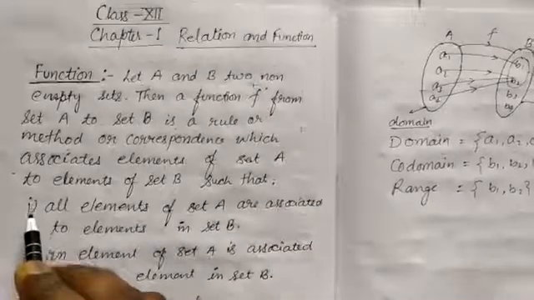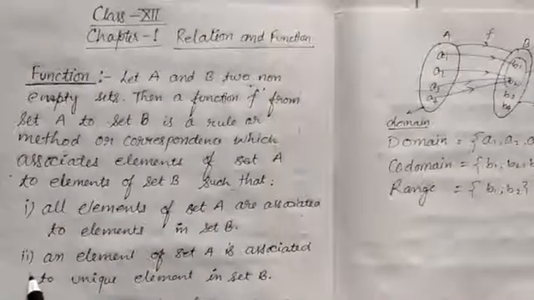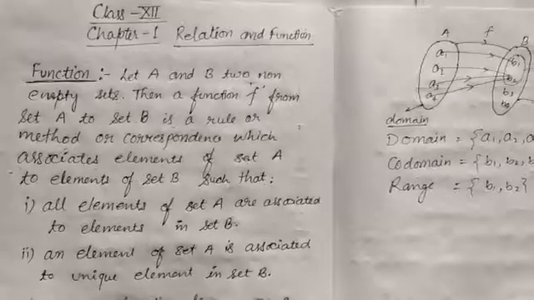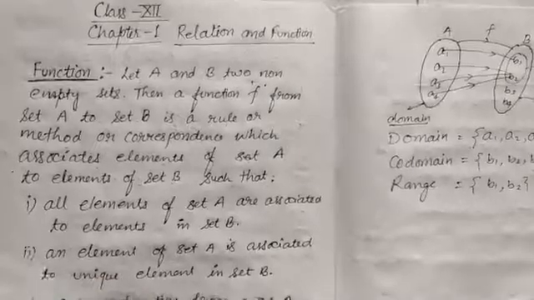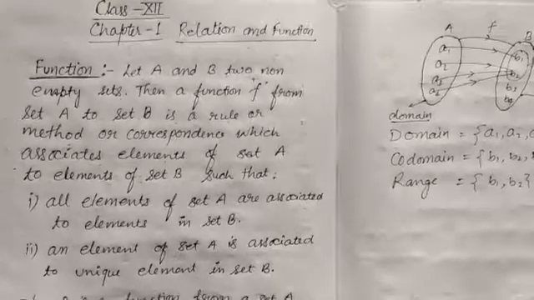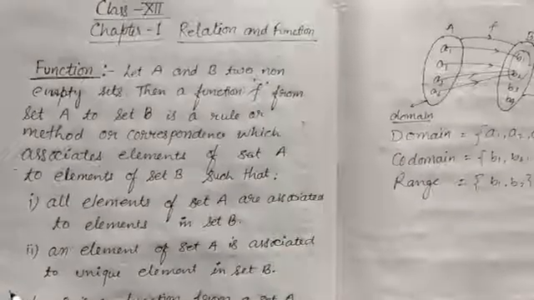for the association of the elements of set A to set B, there are two rules by which you can say whether the given rule is a function or not. If the following rules are followed in the association of elements, then the association is said to be a function.